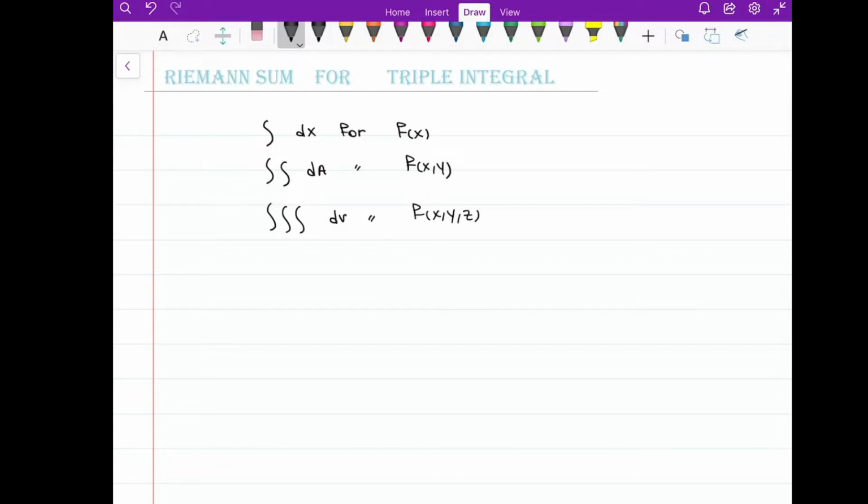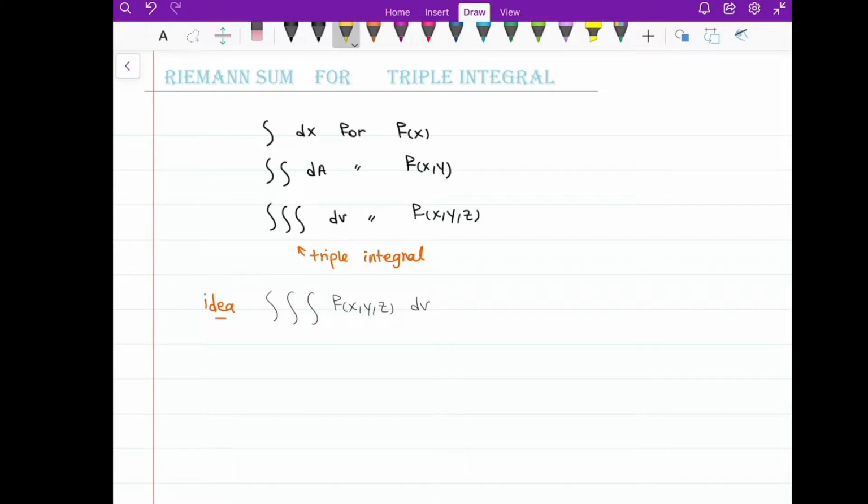Okay, so how would the triple integral work? This is called the triple integral. The idea is this. I'm going to calculate the triple integral of a function of x, y, and z. I'm going to use dV.